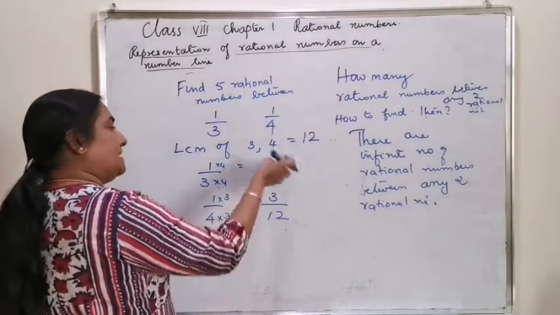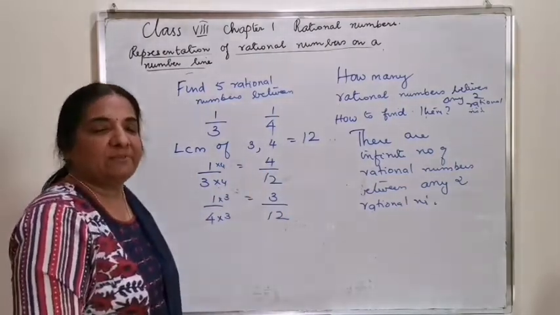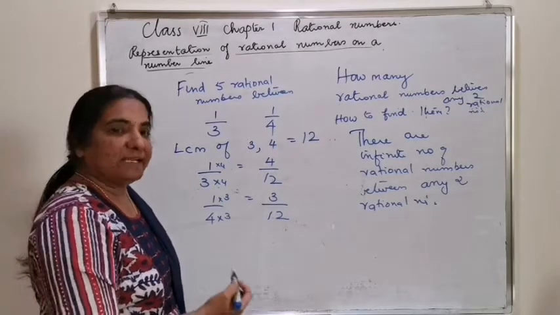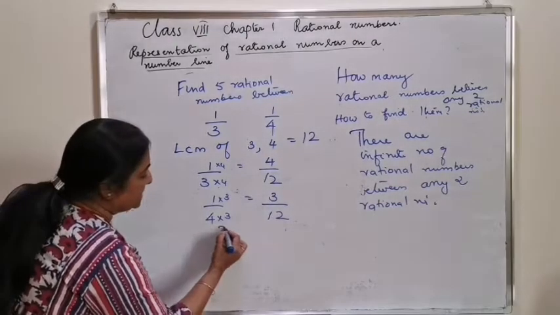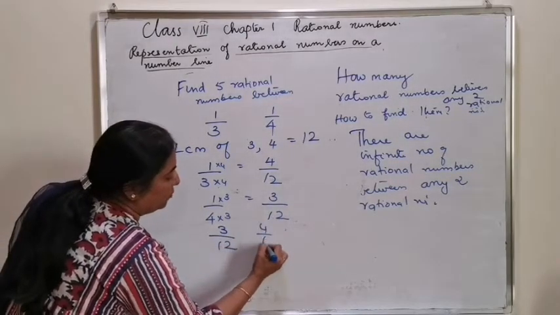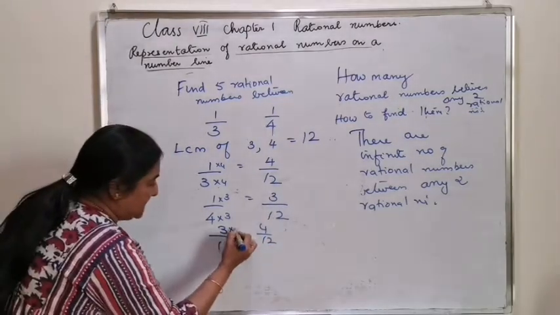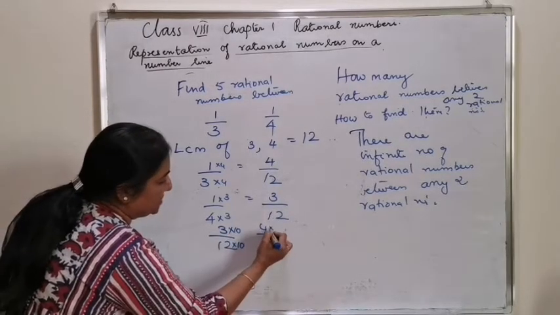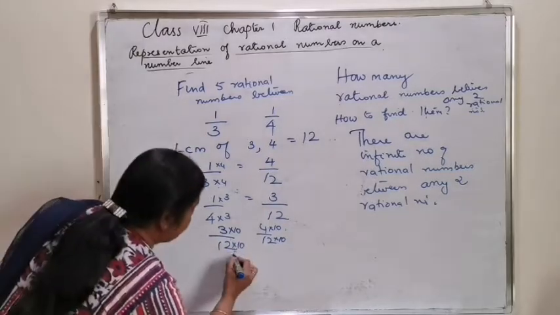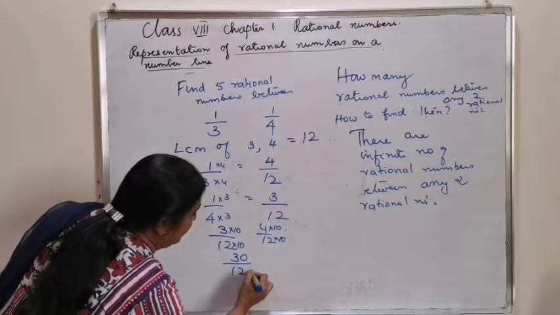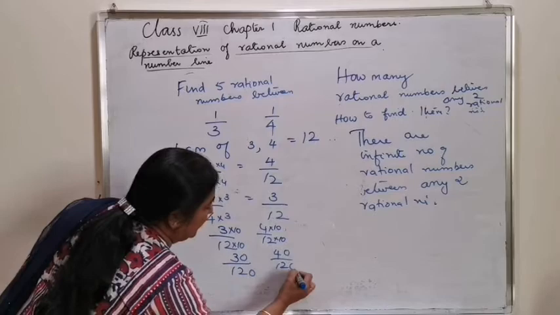Still, between 3 by 12 and 4 by 12, you cannot get a rational number in fraction form. What you can do is express 3 by 12 and 4 by 12 by multiplying by 10 or 100, that is 30 by 120 and 40 by 120.